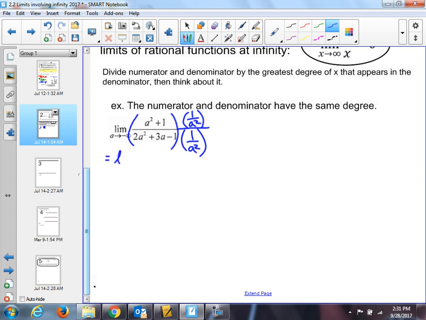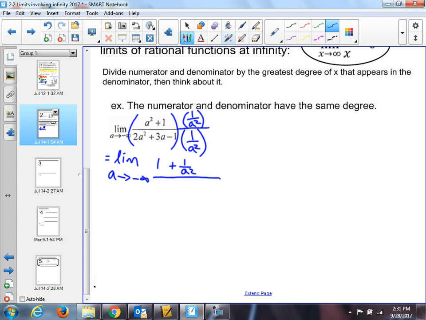So this is like the limit as we're approaching negative infinity. As I distribute the division, what does the first term become? x squared divided by x squared, so 1. You guys follow what I'm doing here first? I'm distributing. 1 over x squared multiplied there and there. Okay. So that's going to be 1 plus 1 over x squared.